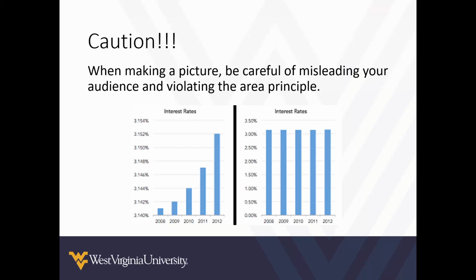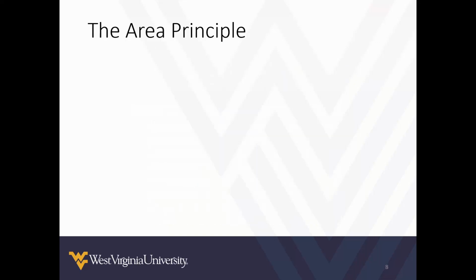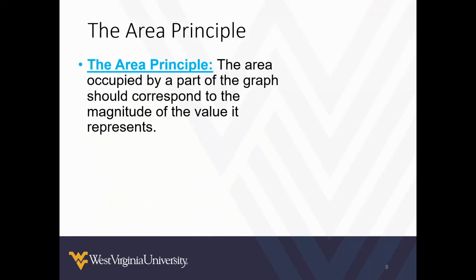If we consider 3% and 3.5% not significant, then we can say that it only increased slightly, but that change looks a lot more dramatic when we take a look at the graph on the left. So like I said, we don't want to violate the area principle, and we certainly don't want to be in the process of misleading people.